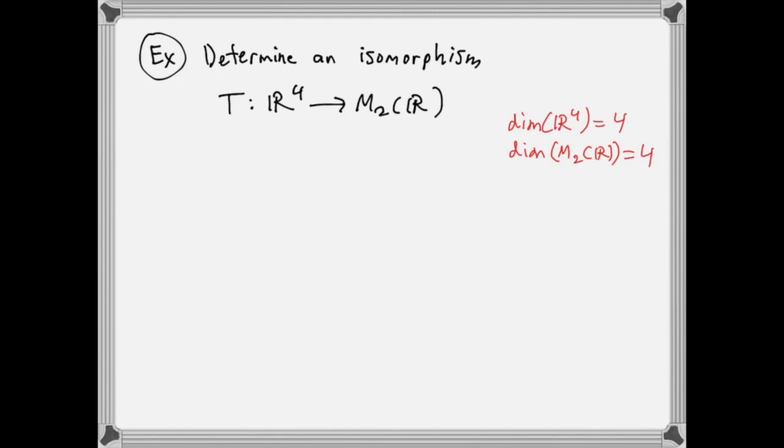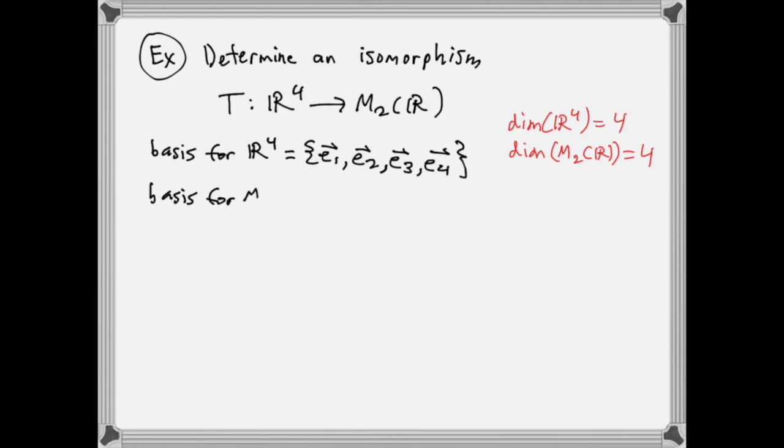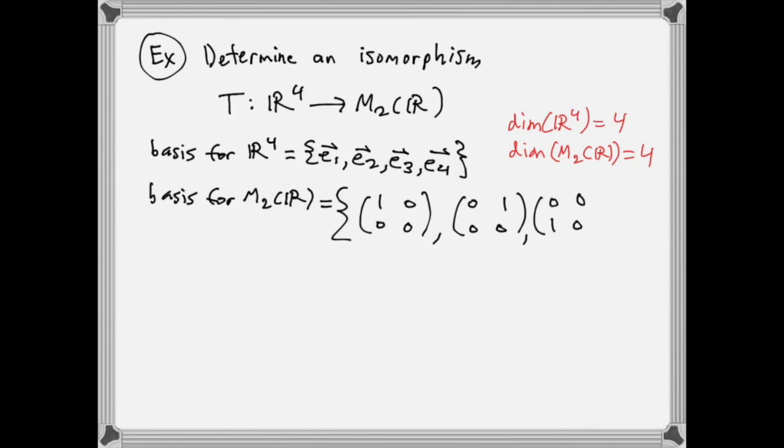Okay, so what's our map going to be? So again, let's write down a basis. A basis for R4 is E1, E2, E3, E4. What's a basis for M2R? Well, let's write down the simplest one we can think of: the matrices with a single 1 and the rest 0s.